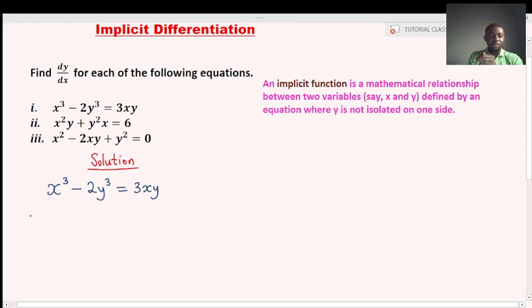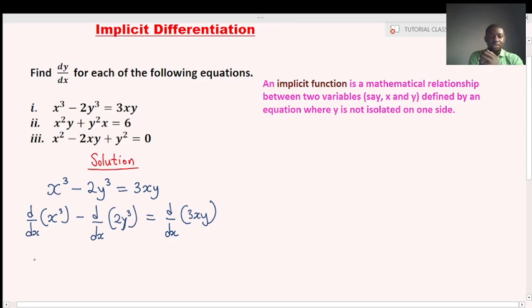That means you have d/dx of x cubed minus d/dx of 2y cubed equals d/dx of 3xy. To differentiate x cubed with respect to x, we are familiar with that.